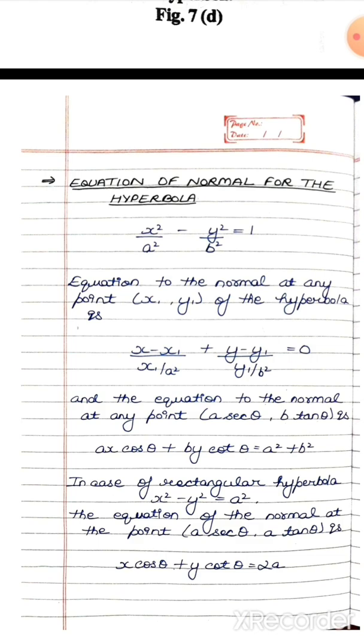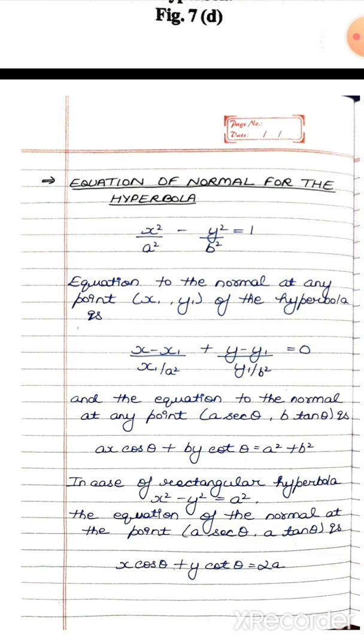The equation of the normal at any point (x1, y1) of the hyperbola is (x minus x1) upon a square plus (y minus y1) upon b square is equal to 0, and the equation of the normal at the point (a sec theta, b tan theta) will be ax cos theta plus by cot theta is equal to a square plus b square.